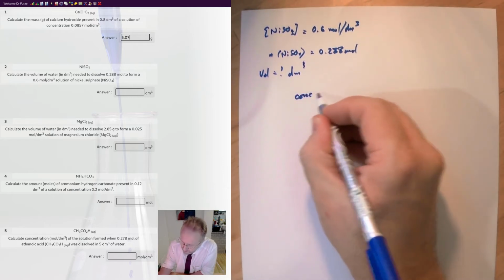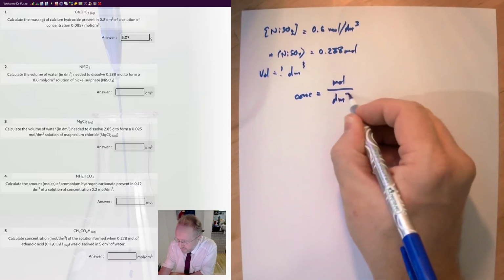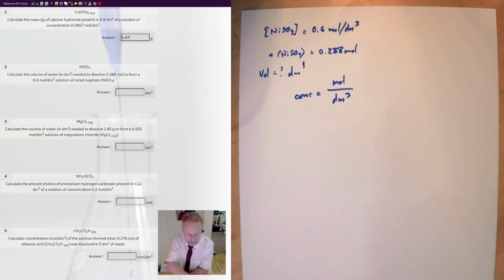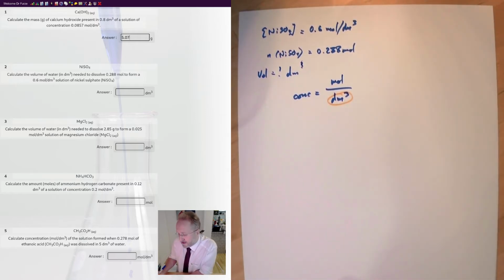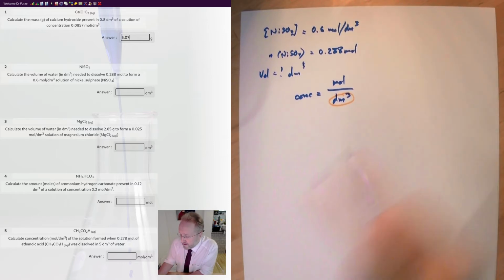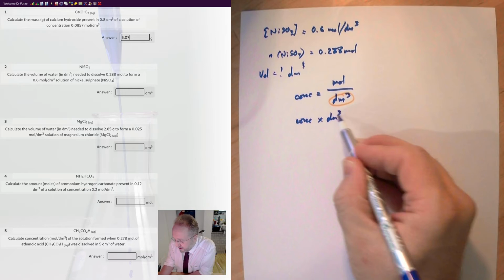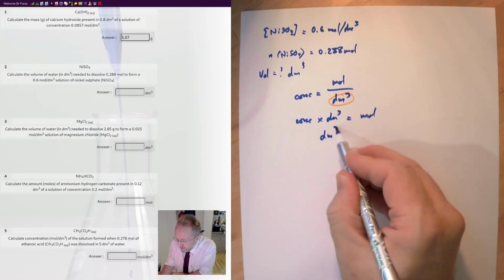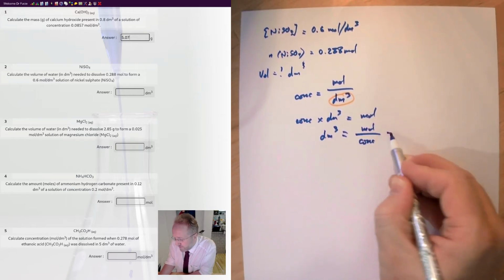Okay, so what do we need to do? First of all, concentration is equal to moles per decimeter cubed, and now this time we want to know that. So rearrange that equation. Concentration times decimeters cubed is equal to moles, or decimeters cubed, the volume is equal to moles divided by the concentration.